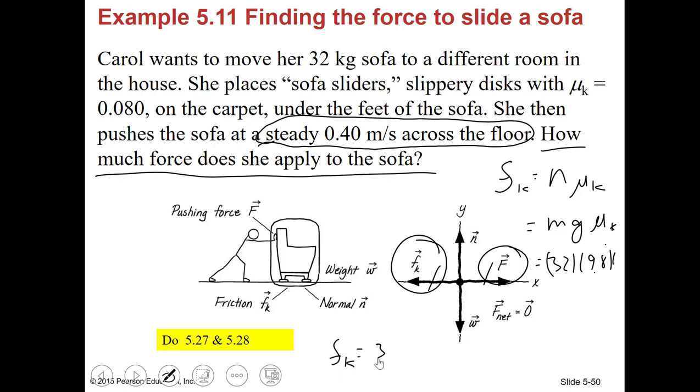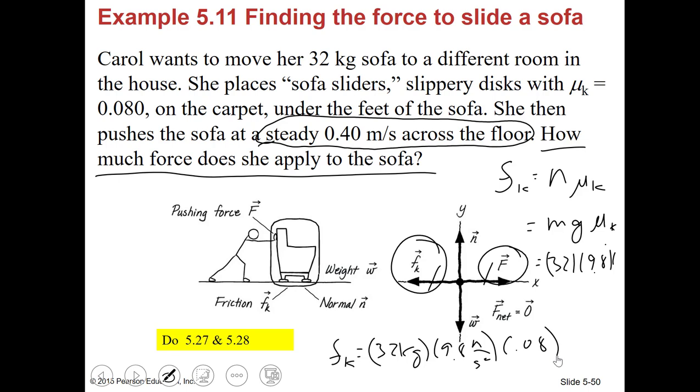So we've got 32 kilograms, 9.8 meters per second squared. So kilogram meter per second squared, that's a Newton, and then times 0.08. And there's no units on that. So put that in your calculator, see what you get.